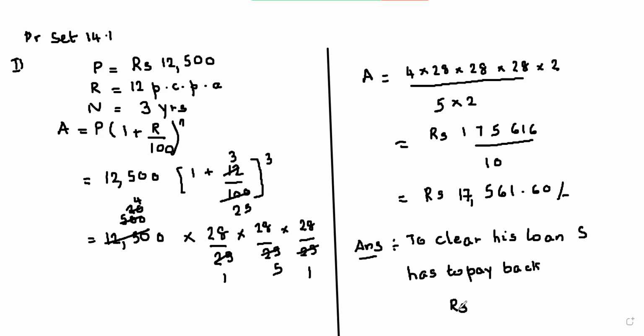Okay, I want you to write that entire thing. Is that clear? Now let's go to the last sum of the exercise. Last sum of the exercise. Sum number 3.